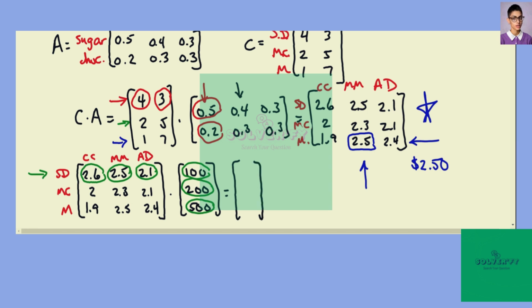Doing that multiplication out gives me a value of $1,810. Mexico City, the second row, gives me $1,710. And the third row gives me $1,890 for Managua. So which of these is the most cost effective? Well, it's the second row, and that corresponds with Mexico City.